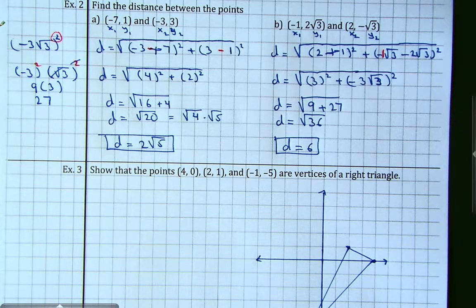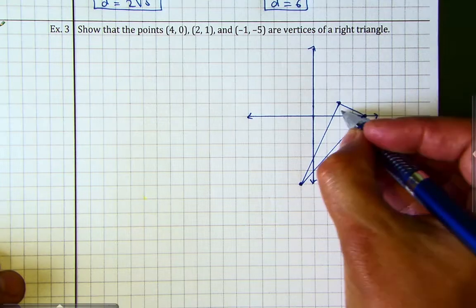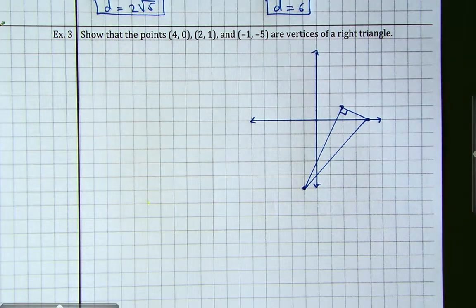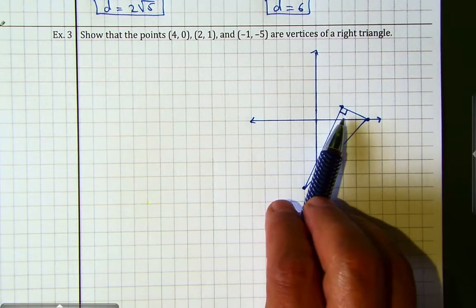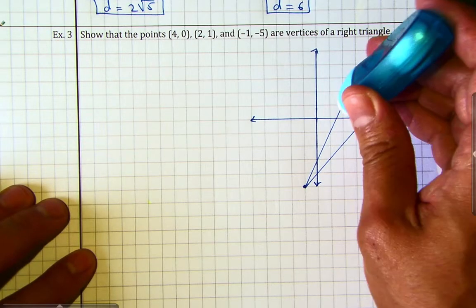And if you notice, I need to be able to prove that this is a right triangle, so this should be the right angle. So how can I prove that? Well, I can assume that that's a right triangle, so therefore I need to get rid of that. It seems that's a right angle, but we need to prove it.